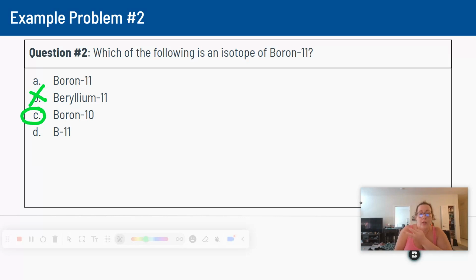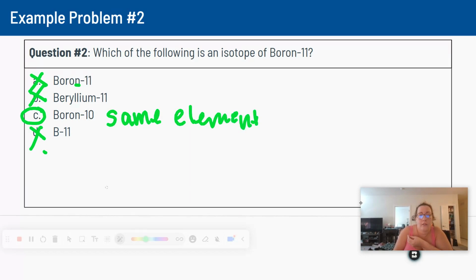So the first one is boron 11, which is the same exact thing that is in our question. So that can't be an isotope if it's the same atom. And then D is just a different way to write boron 11 using the symbol instead of the name. So that can't be it either because it's the same exact thing as what they're asking for. The answer is going to be C, boron 10, because it is the same element, different mass.